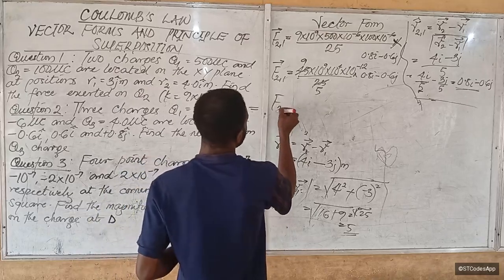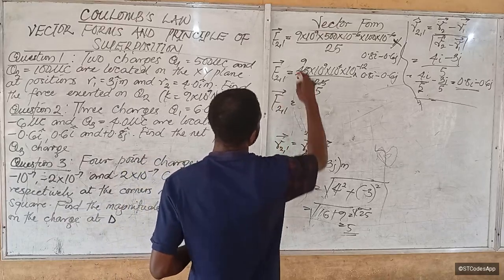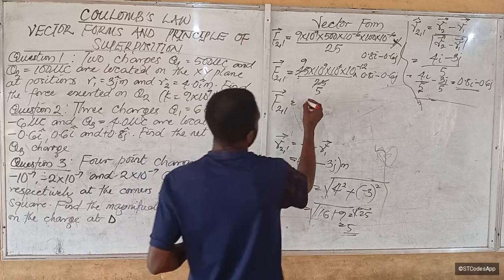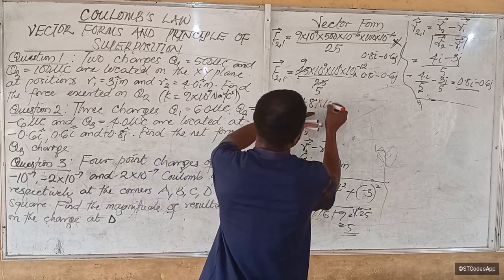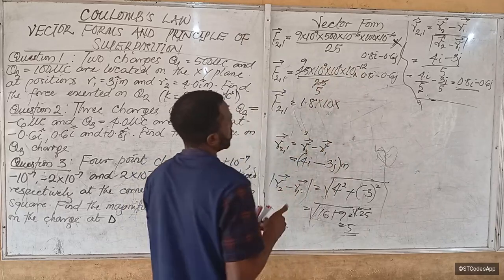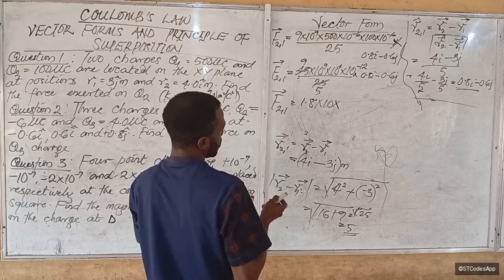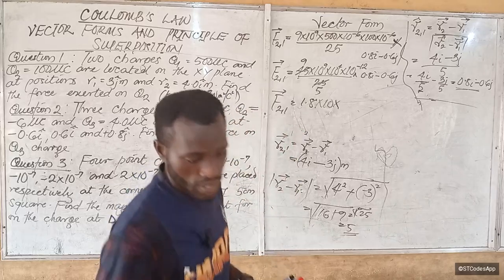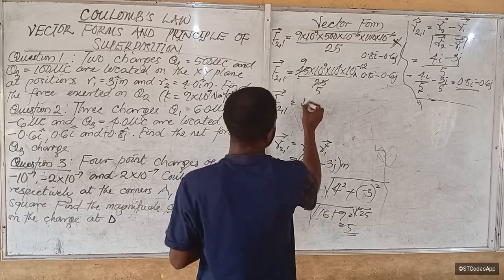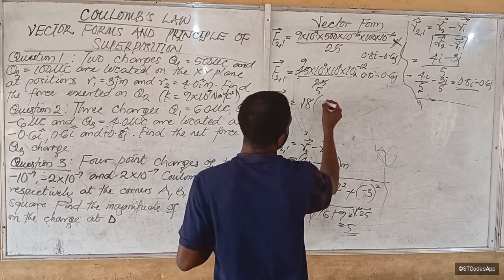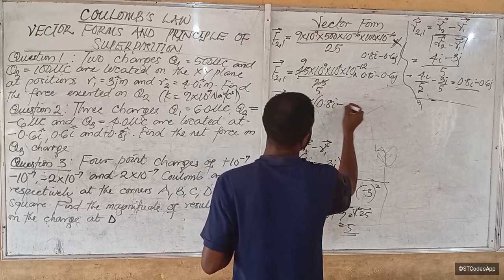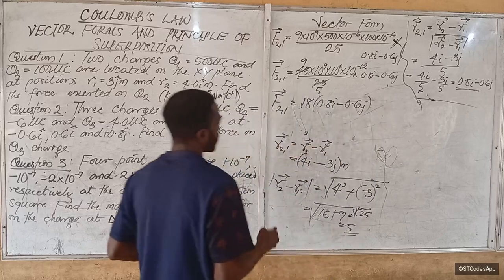So we have F2,1 equal to 9 over 5, which is 1.8, times 10 to the power 1. So that's like 18, since 1.8 times 10 is 18. So this becomes 18 into the bracket 0.8i minus 0.6j.